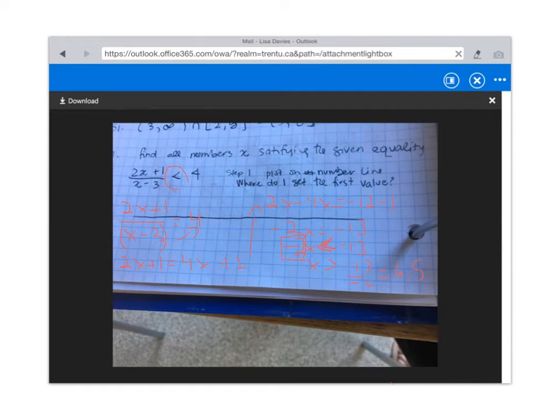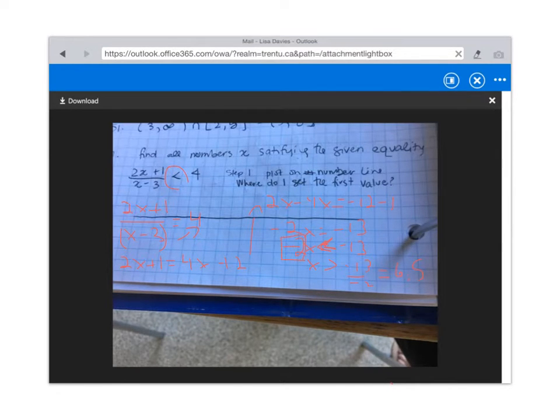That certain value happens to be when the denominator is equal to 0, because then we don't have a real value for our function, and it's undefined at that value.